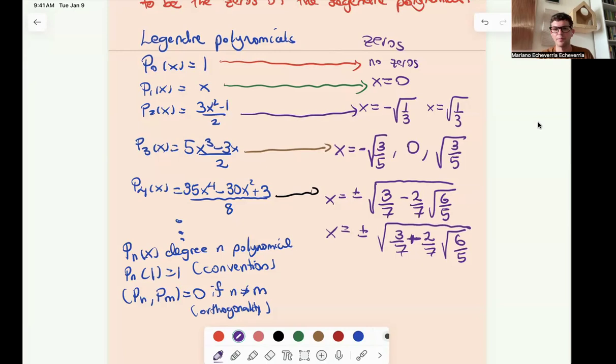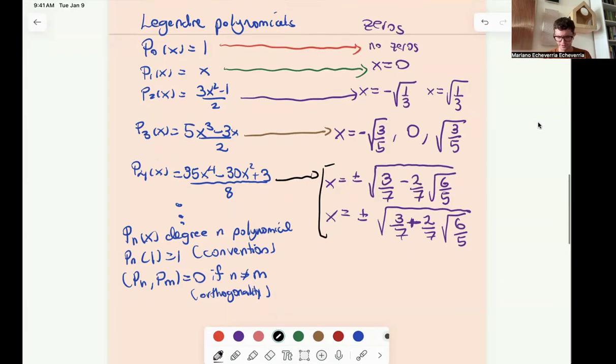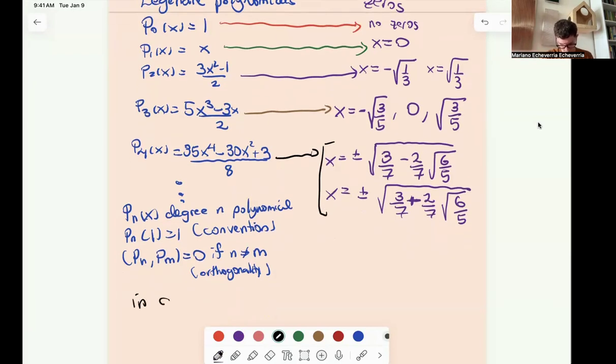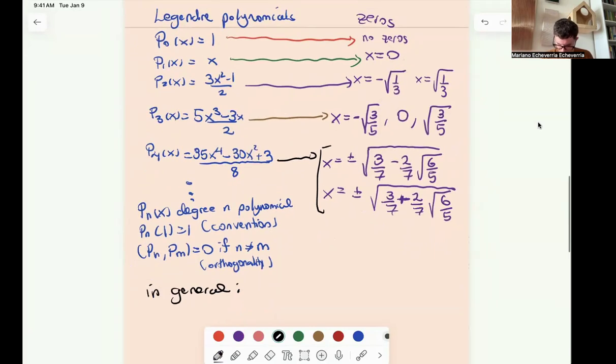What is it that I want you to notice about these zeros? This is true for any degree. This is an important thing to notice first. This had degree zero. This was a degree zero polynomial. It had no zeros, so it had zero zeros, which sounds a little weird to say.